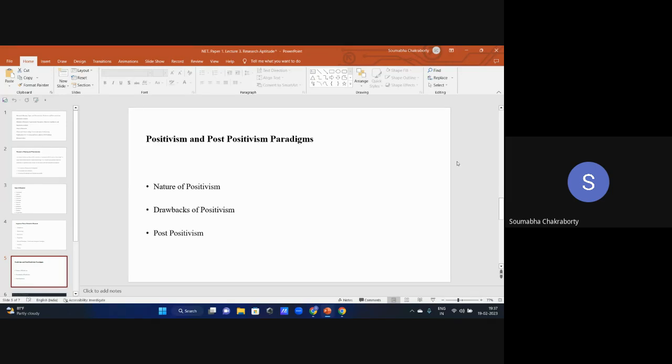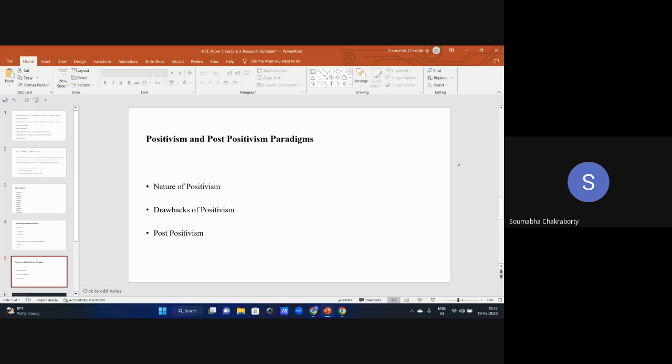Now, since the inception of the 20th century, the focus of research shifted. Previously, every research was focused on reality. Now, research has shifted to critical realism. Certain physicists, like let's say Niels Bohr or Heisenberg, focused on this kind of reality, critical reality.